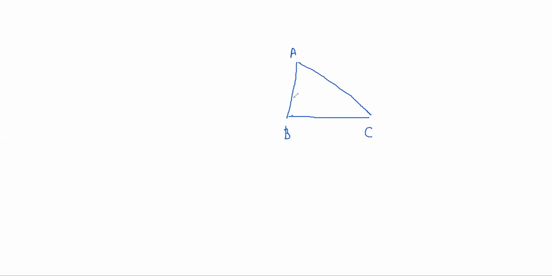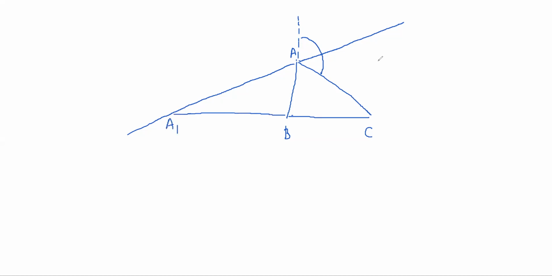So the exterior angle at vertex A, suppose. So let's extend this angle. This is the exterior angle, and the bisector will be somewhere like this. I'll extend this like this, and this side will meet it somewhere here, A1, and I will draw this line like this.